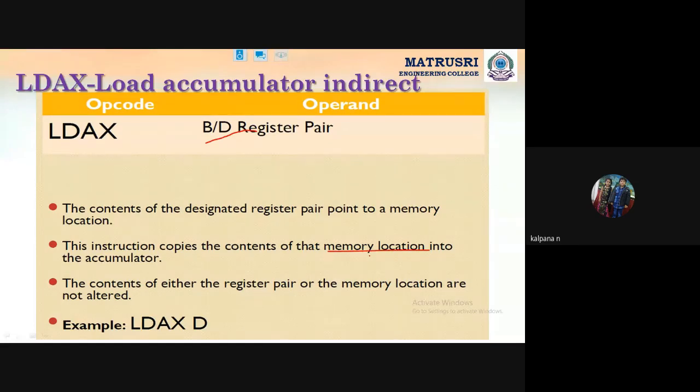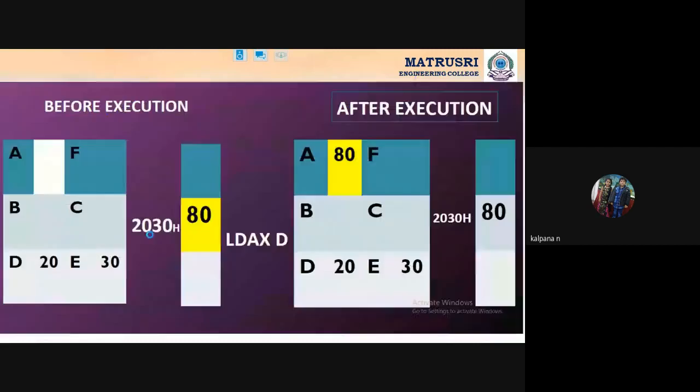In that memory location, whatever data is present, that data we are moving into the accumulator. If suppose instead of D, we have mentioned B, then BC consists of the memory location, and the data in that memory location is moved into the accumulator.